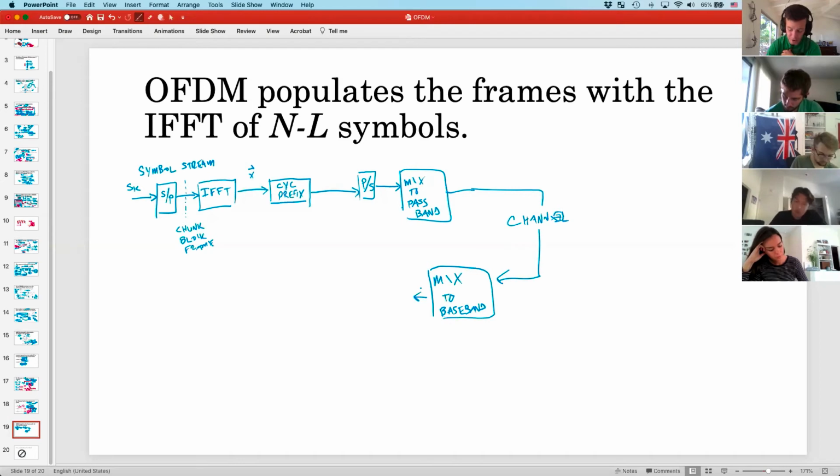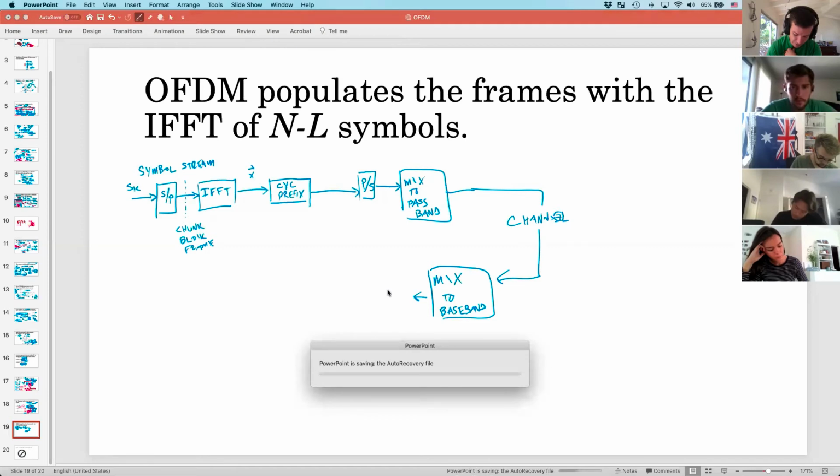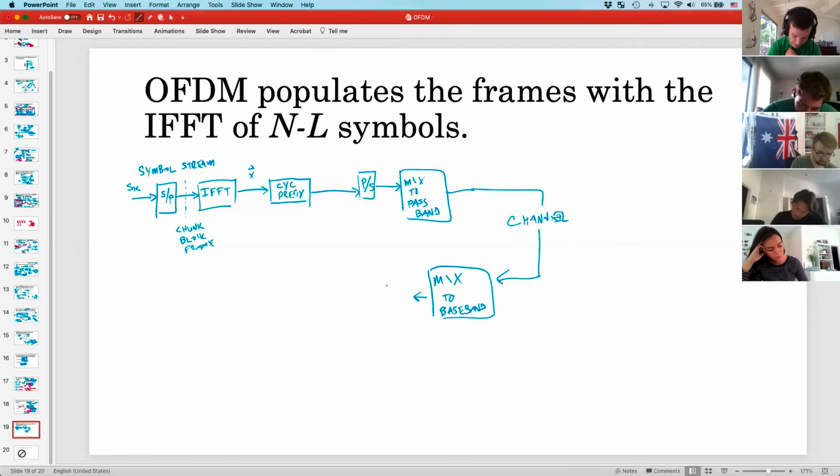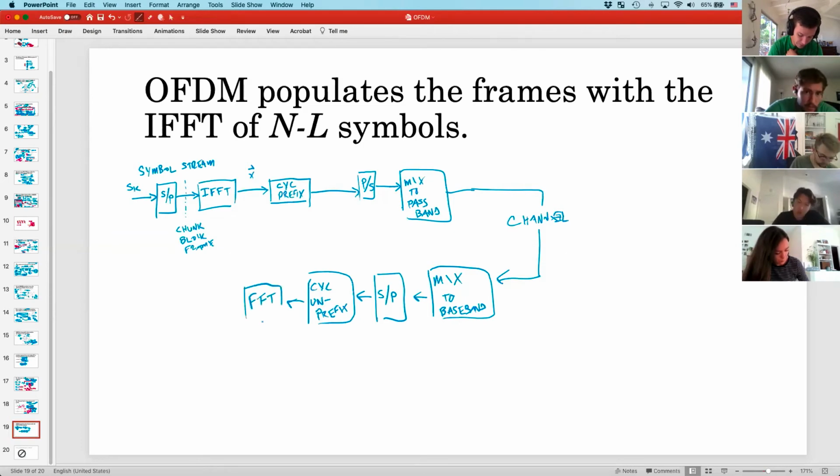You've got this string of waveforms coming in, and so now what you need to do is take this series and parallelize them again. Take off the cyclic prefix, and then you're left with things that should be inverse FFTs of the thing you want, which means what you have to do is take the FFT of that.